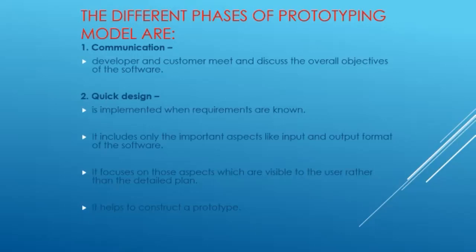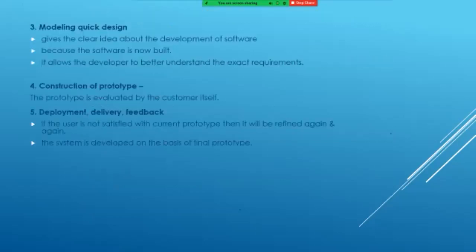It helps to construct prototype. In the third phase, that is modeling, quick design, it gives the clear idea about the development of software because the software is now built. It allows the developer to better understand the exact requirements.